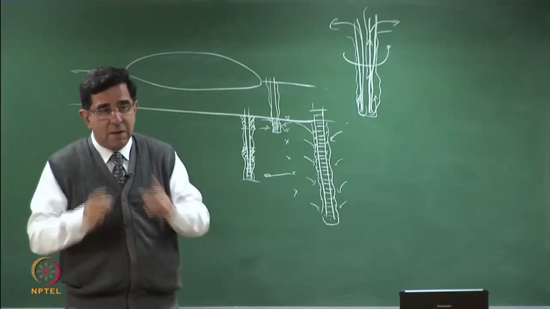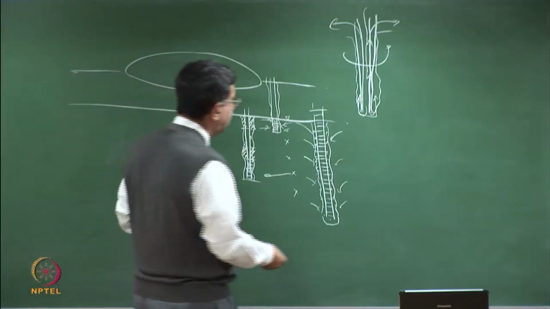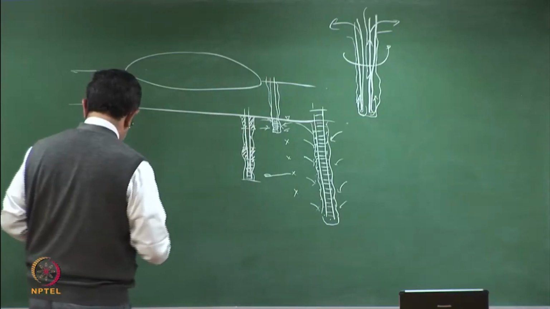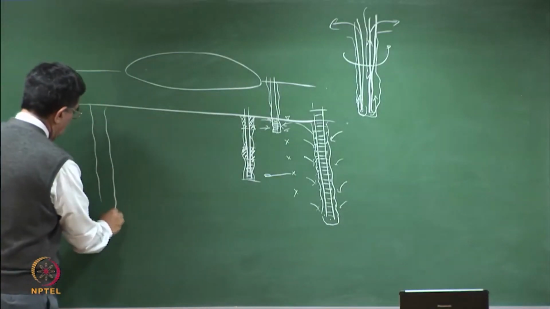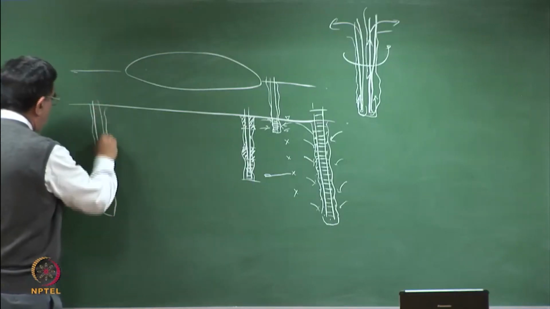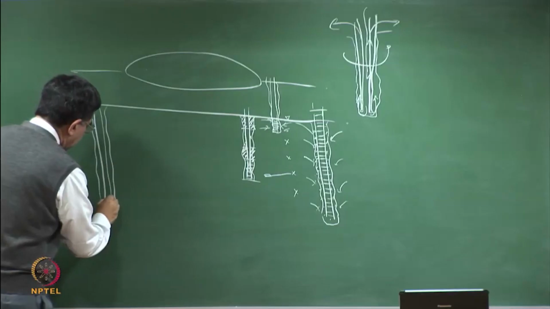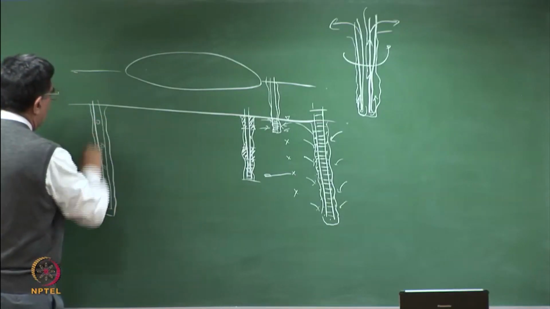Suppose I want to pick up 5 samples from one borehole. I will make my hole, put a pipe with my screen or a port here, 1, 2, 3, 4.